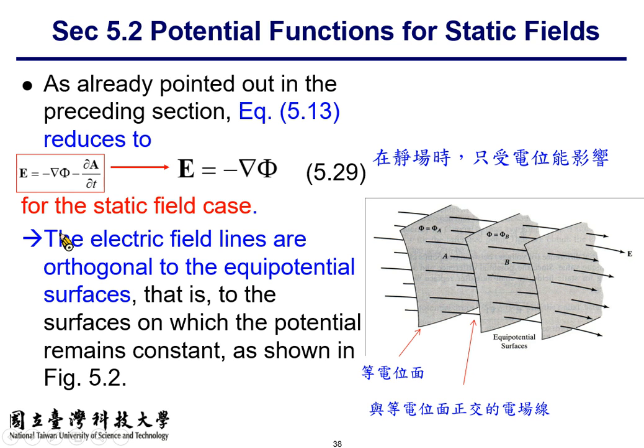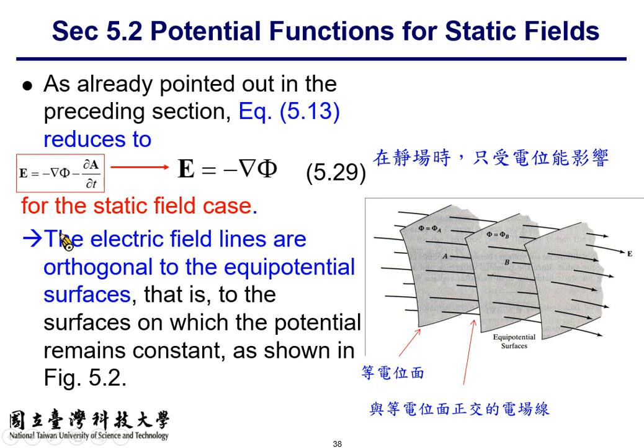Okay, E is a vector, so it has a direction line, which can be expressed with this black arrowhead. The electrical field intensity has magnitude and direction. Phi, the electrical scalar potential itself, is a scalar.